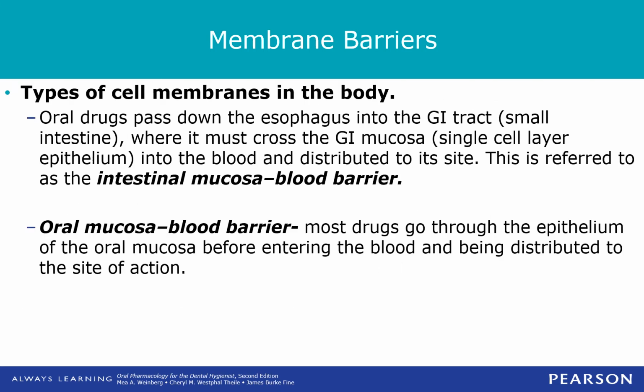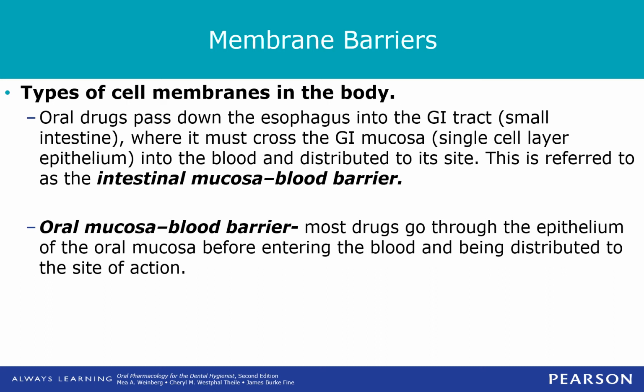There are different types of cell membranes in the body. Oral drugs pass down the esophagus into the GI tract, the small intestine, where it must cross the GI mucosa, which is a single cell layer epithelium, into the blood and distributed to its sites. This is referred to as the intestinal mucosa blood barrier.